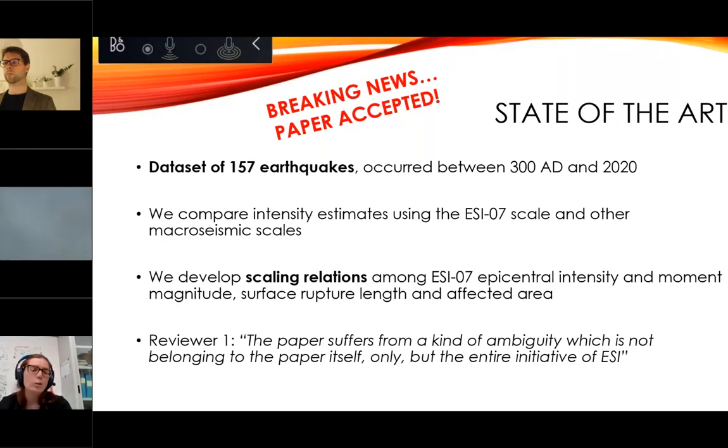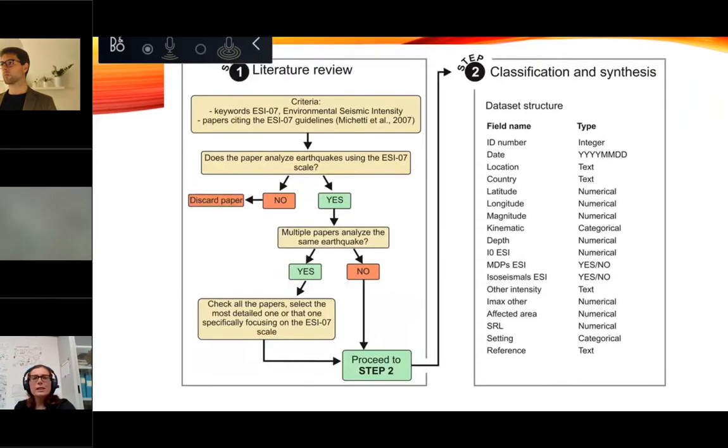It doesn't want to replace other scales, and still a part of the scientific community is not fully convinced about the validity or the reliability of the scale. So I personally believe it is our duty to try to provide them the grounds on which they can base an informed opinion.